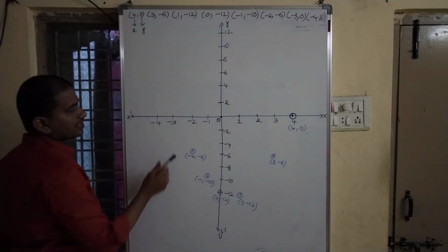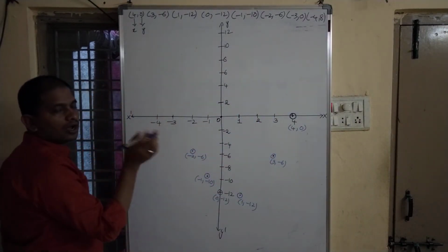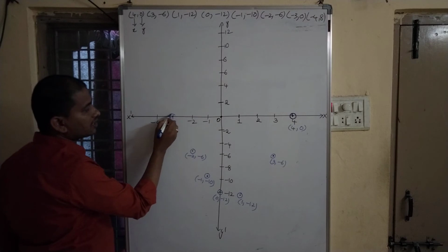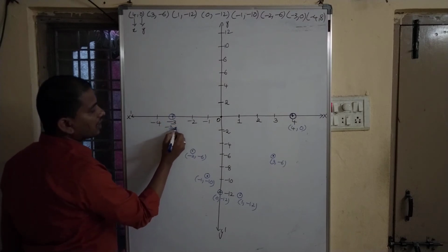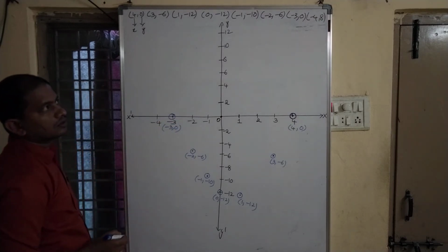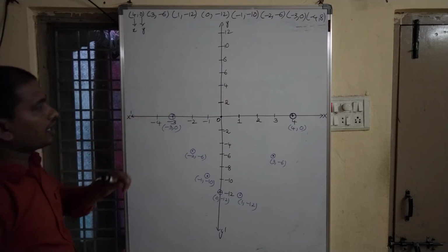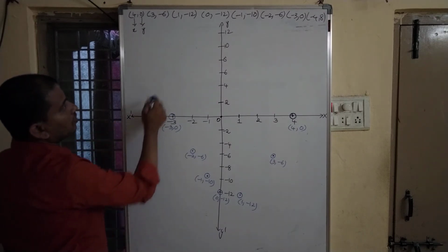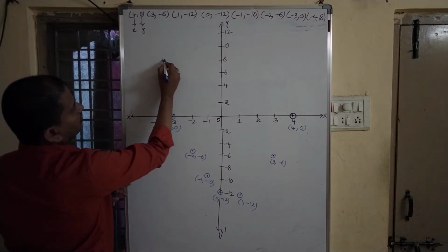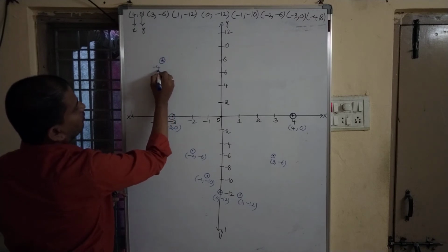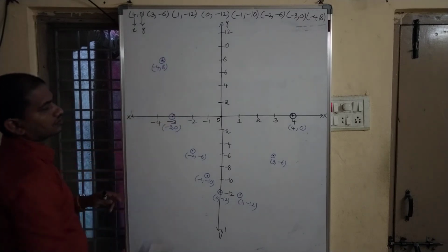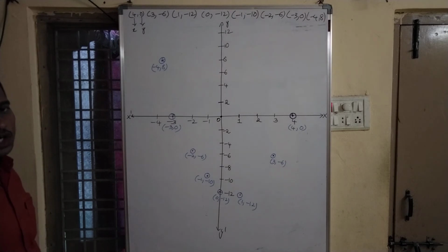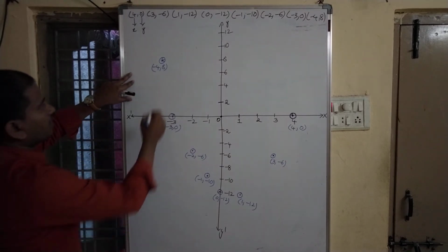On x-axis minus 3, on y-axis 0, there itself, which is our minus 3 comma 0, and then minus 4 comma 8. This is our point minus 4 comma 8. Now let us join these points.